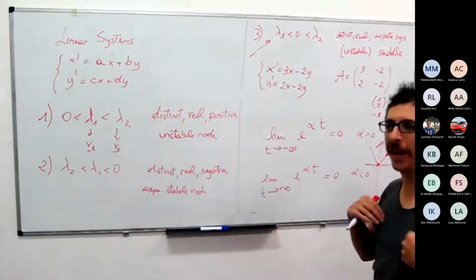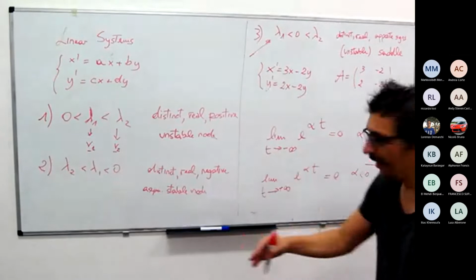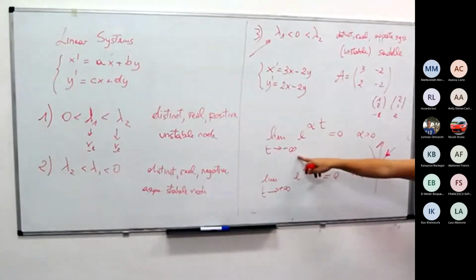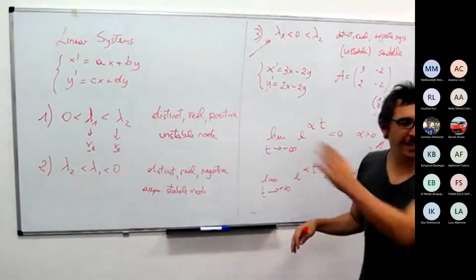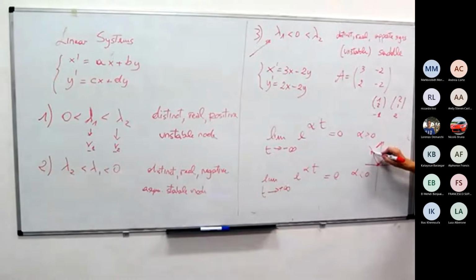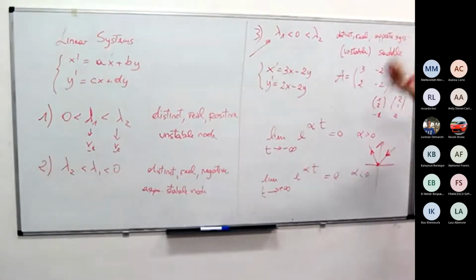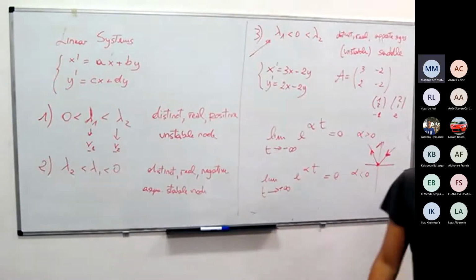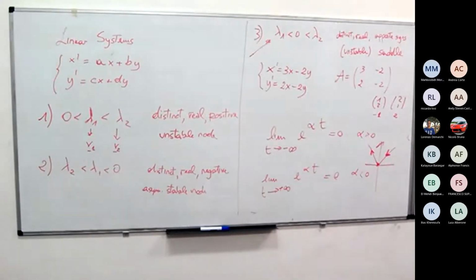So if minus infinity is the past, in the future, I'm going in the other direction. So this is going to be like that. The arrow will point toward infinity, toward outside, leaving the critical point. Can you see the picture?